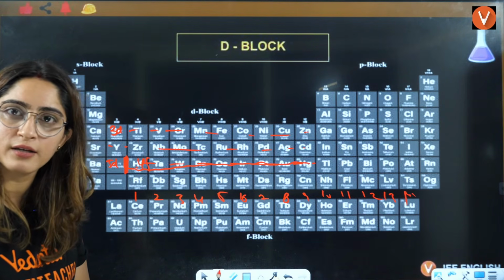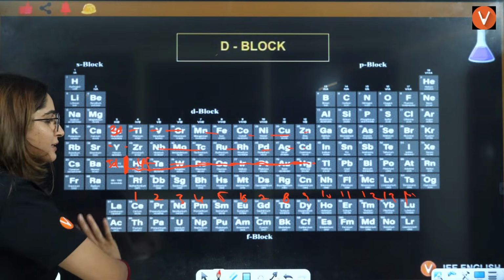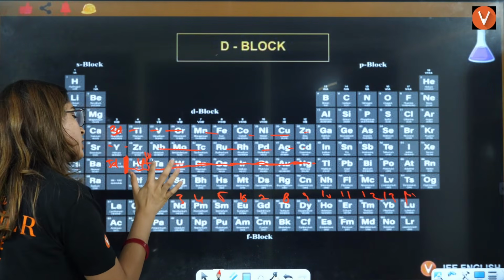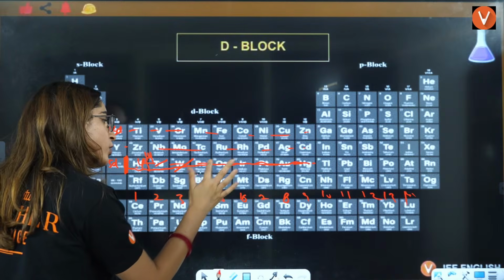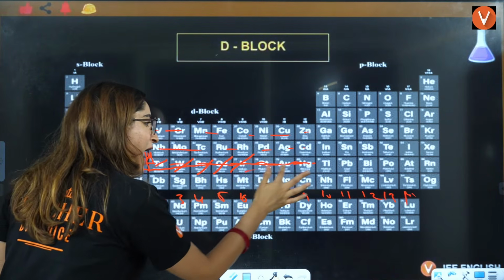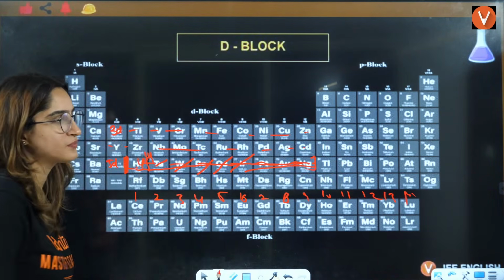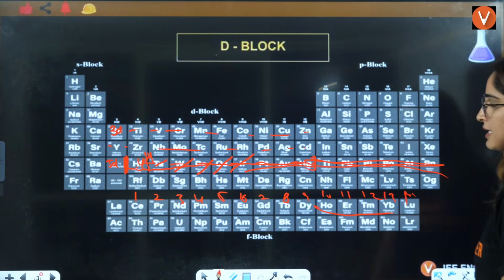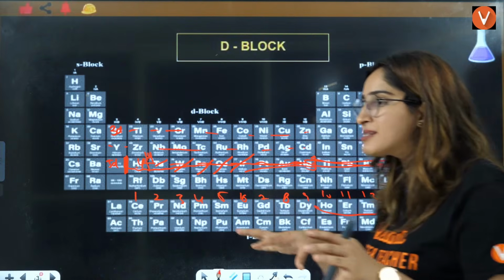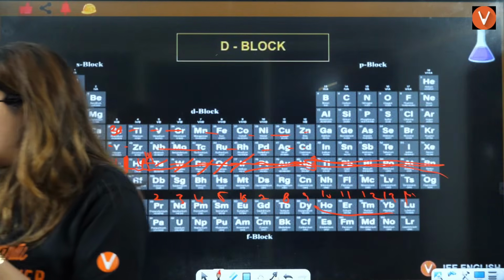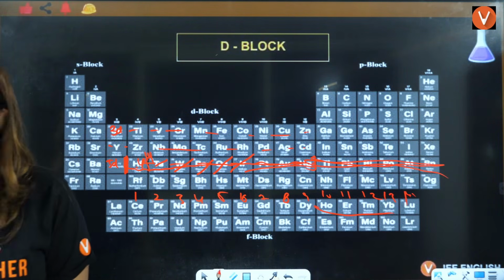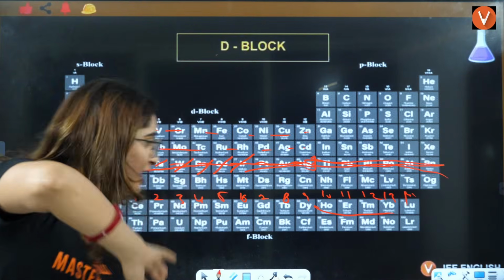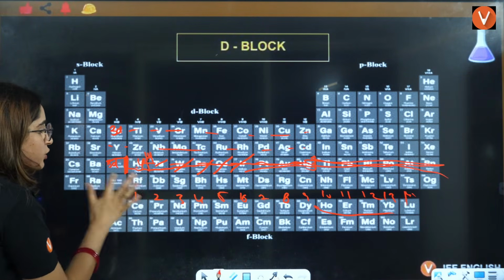That means after this, it will always be 4F14, 4F14, and so on till here. Even after that, it will be 4F14 here. Right? Now, can we see that 4F14 is suddenly added to this position?